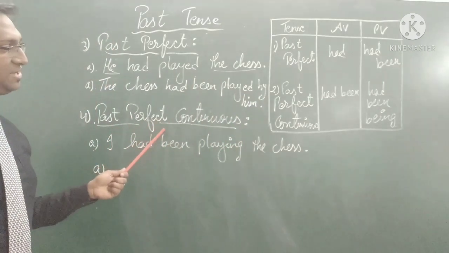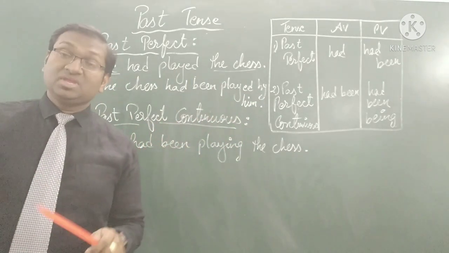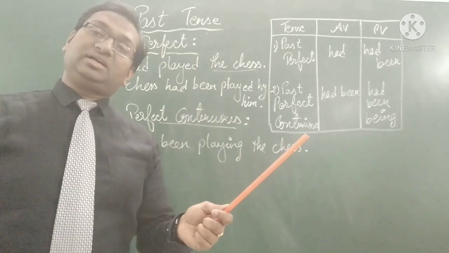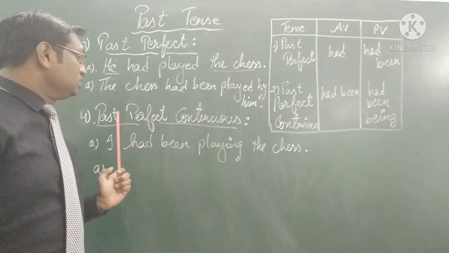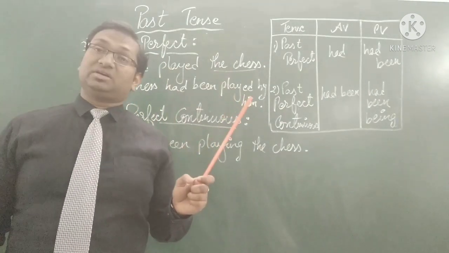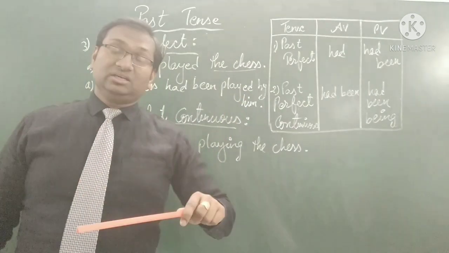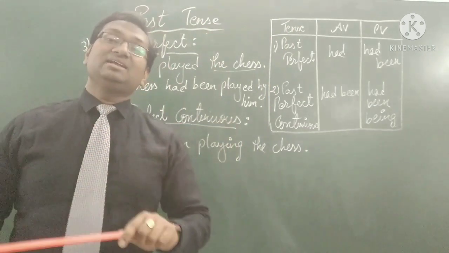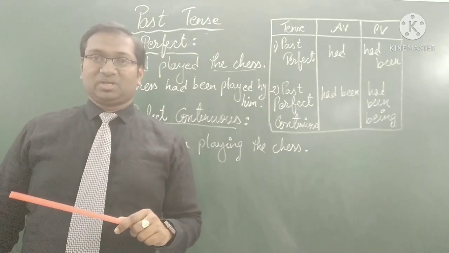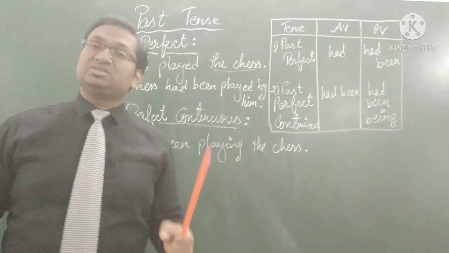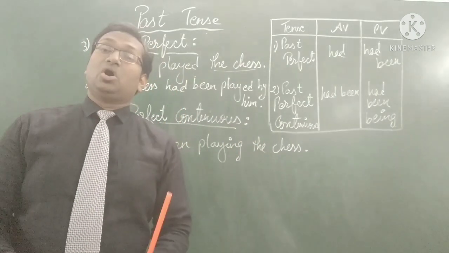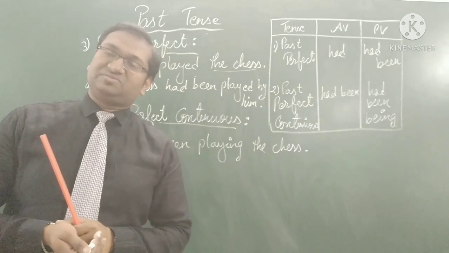Next, past perfect continuous. As I told you before, while converting active to passive in the present, the category was present perfect continuous, and I told you that that is the rare sentence. Same thing over here, past perfect continuous is also your rare active and passive sentence.